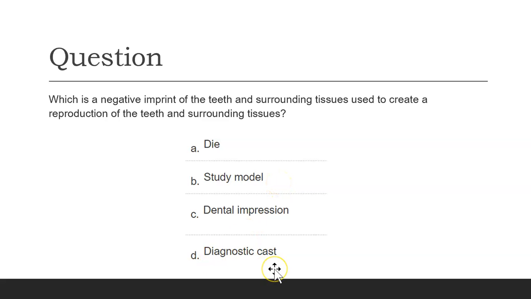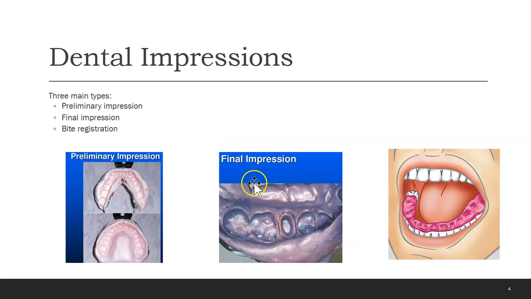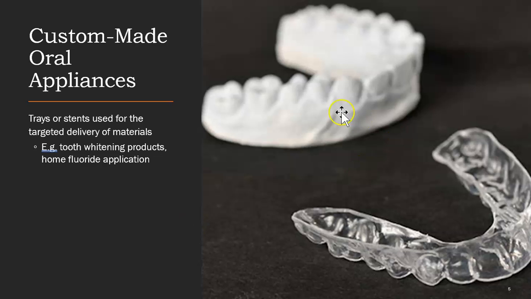A cast is a positive reproduction, but dental impression, when you take an impression, it's a negative imprint because it's not the actual model, right? When you get the actual model or the die or the cast, that is considered a positive reproduction. So these are negative impressions, and then when you finally get the model, that is a positive reproduction.